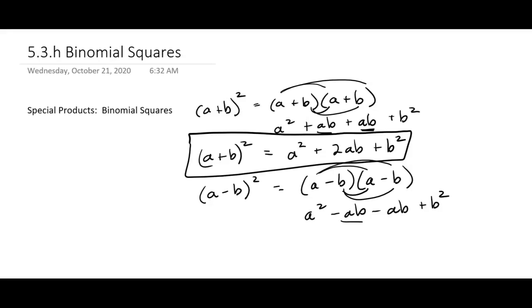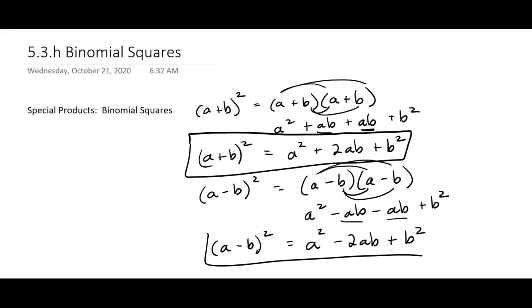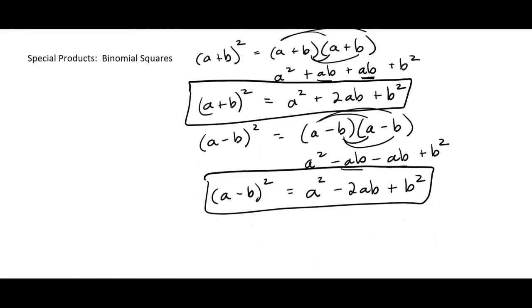Again, the two in the middle combine, so we'd have a squared minus 2ab plus b squared. It's very similar to the first formula. They usually give them to you as two separate formulas. And that's how you square a binomial. Those are the formulas.